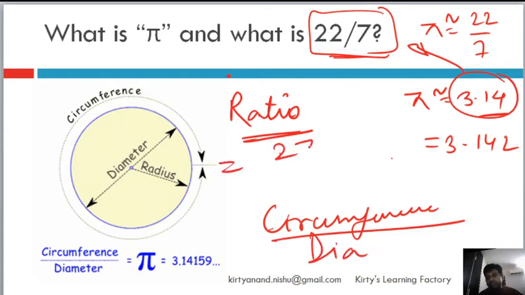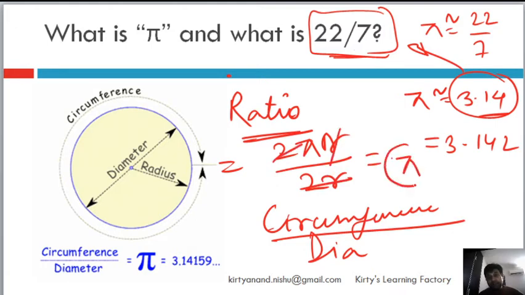The circumference is taken as 2 pi r, and the diameter is basically 2r, where r is the radius, and it gets cut and you get a value pi.